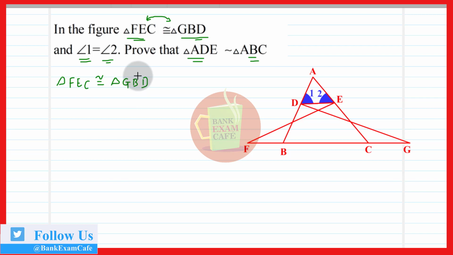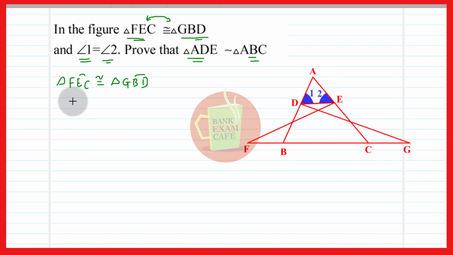So we take their corresponding sides, that is BD and its corresponding side EC. So here BD is equal to EC. Reason: corresponding parts of congruent triangles.